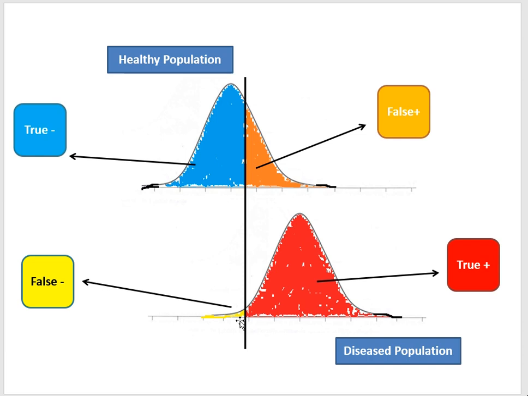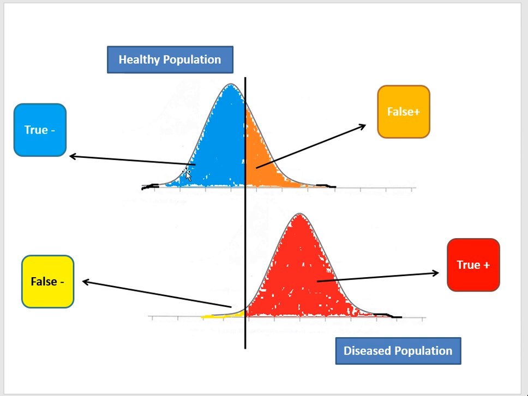The specificity is the blue area out of the total area. So maybe here specificity is 70%. So you put it on the paper for the cut point of, let's say, 130 for blood pressure, you got a sensitivity that is 90 and a specificity that is 70.